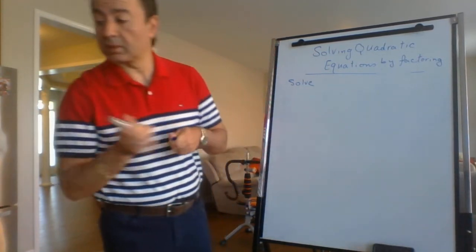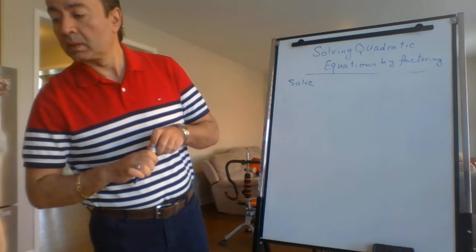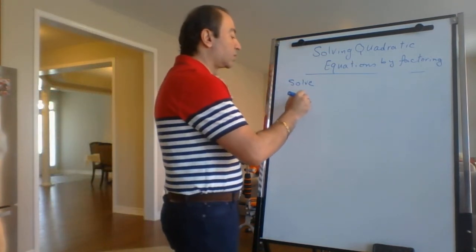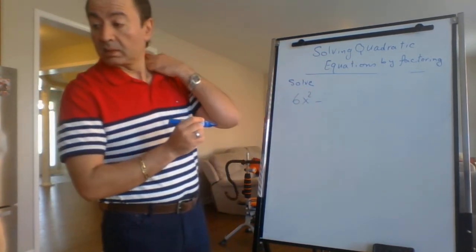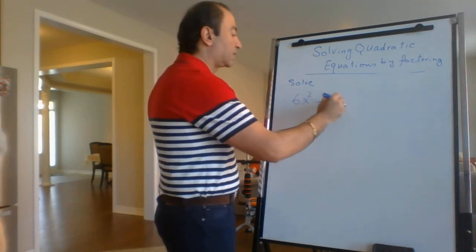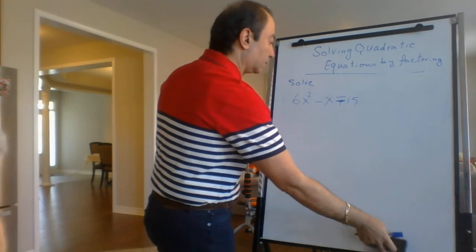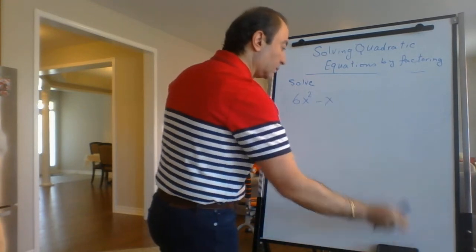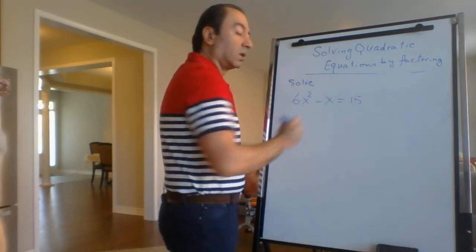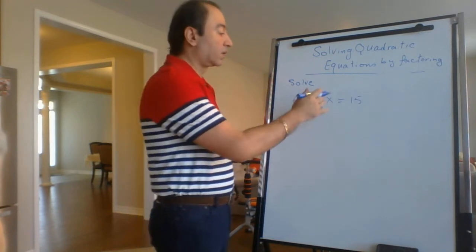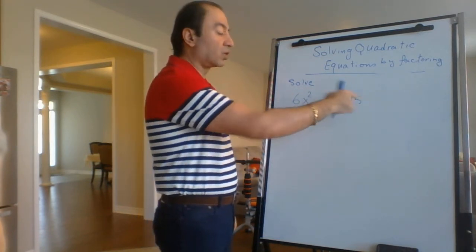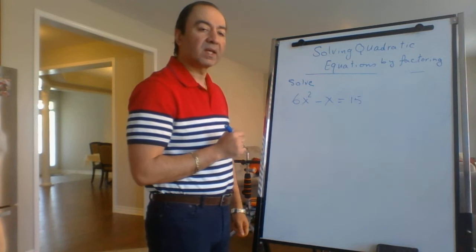Now, another one, 6x squared minus x plus 15 equal 15. Now, the question is, can I start to factor the x out and make each term equal 15? No, we can't.